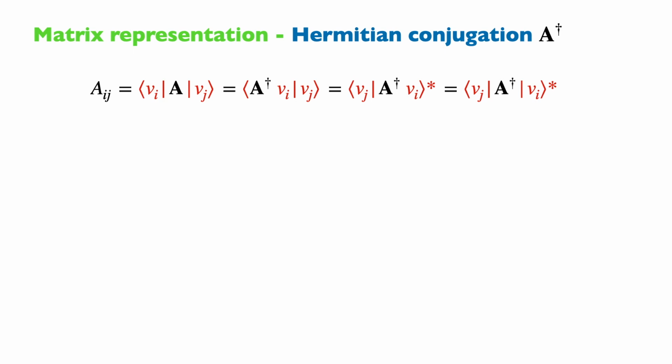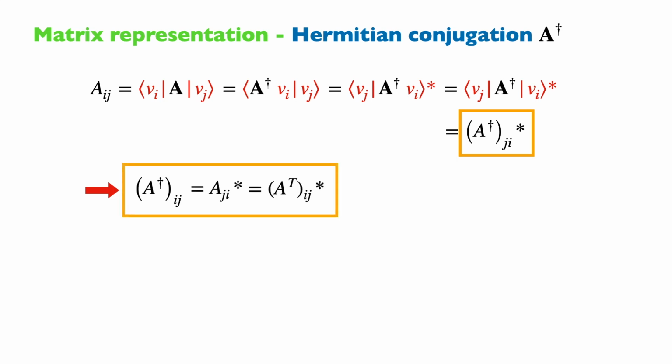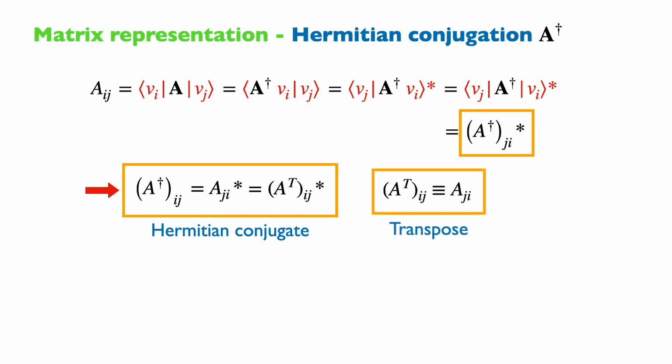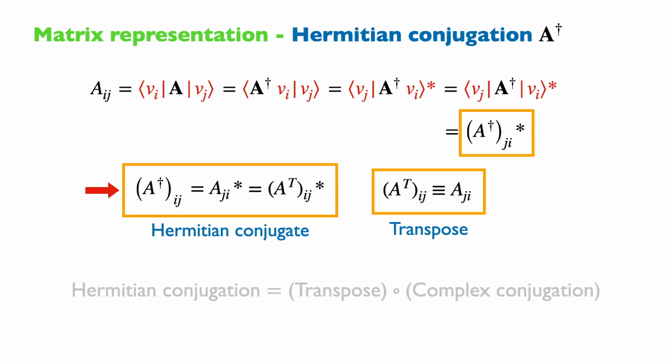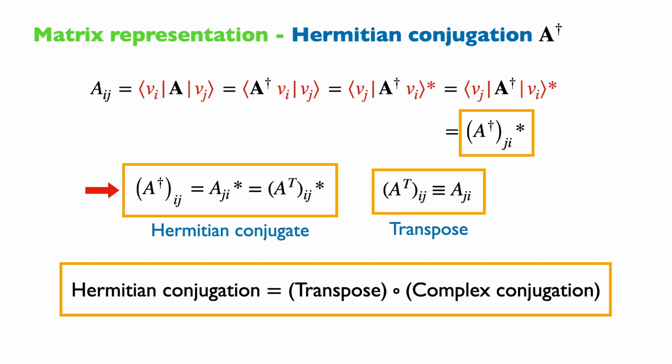We immediately notice that the bracket under the star is the ji element of A dagger, and we end up with A dagger ji star. This implies that the matrix element of A dagger is equal to the corresponding element of A transposed, followed by a complex conjugation. Recall that we simply flip the indices when taking the transpose of a matrix. Hence, in the matrix representation, Hermitian conjugation is equal to the composition of transpose and complex conjugation.